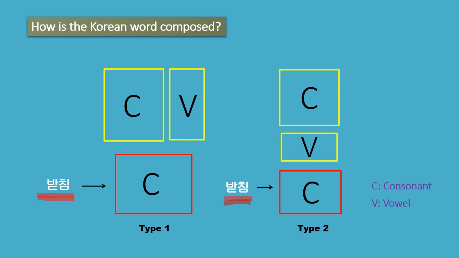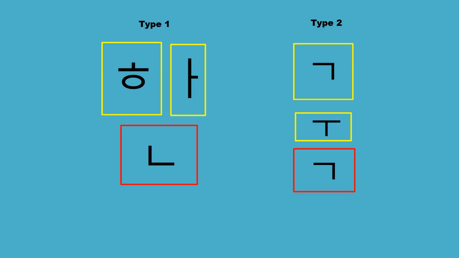All right. So, for example, type 1, type 2, consonant here and vowel and consonant here. 받침. Consonant here and vowel and consonant here.